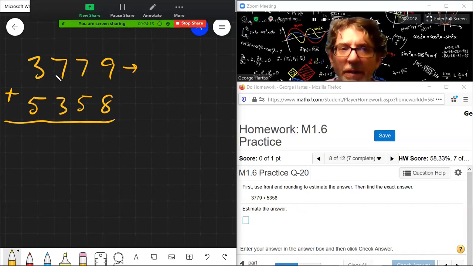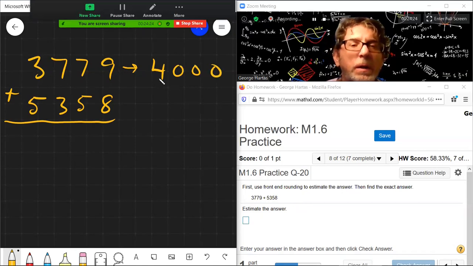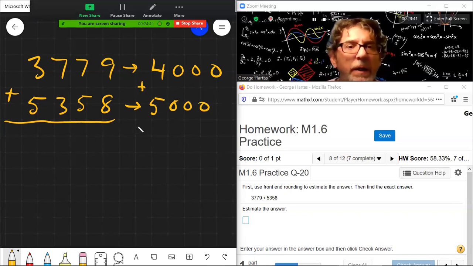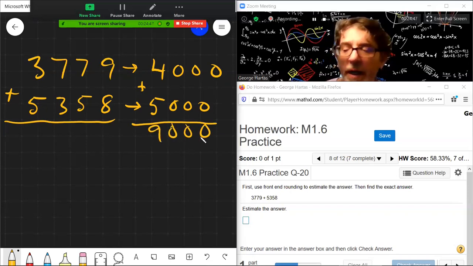Since this is a 7, this becomes a 4. 4,000. This is the thousands place. Since this is a 3 here, this stays as 5. So 5,000. We're adding 0, 0, 0, 9. 9,000.